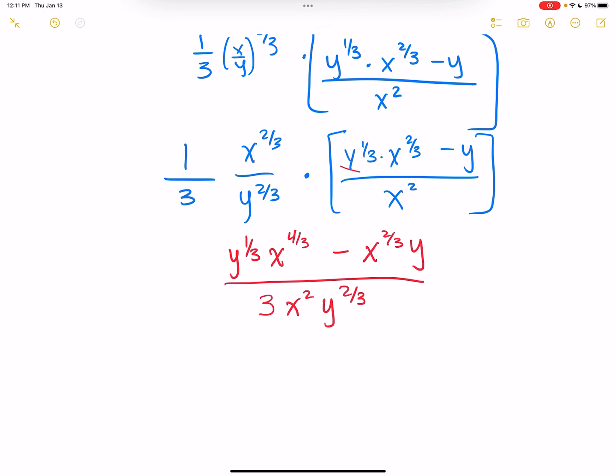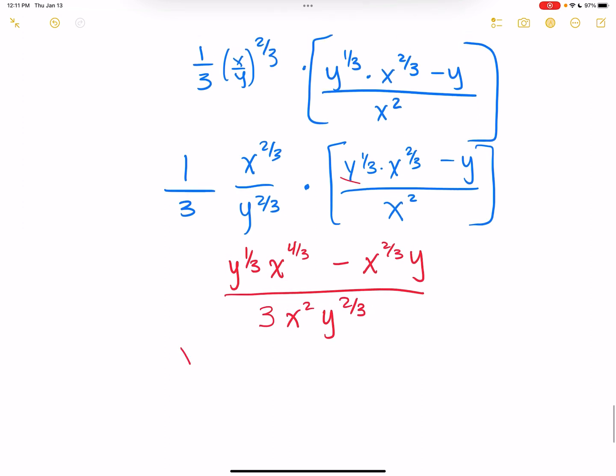Because then I can take out from the top an x to the 2/3 and a y to the 1/3 and be left with x to the 2/3 minus y to the 2/3.